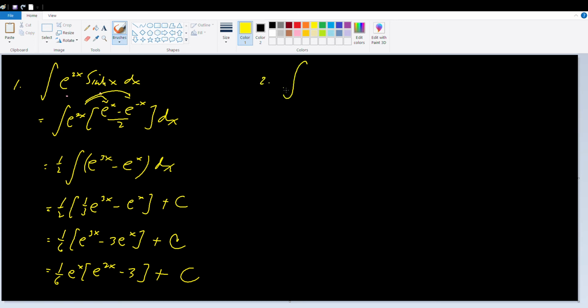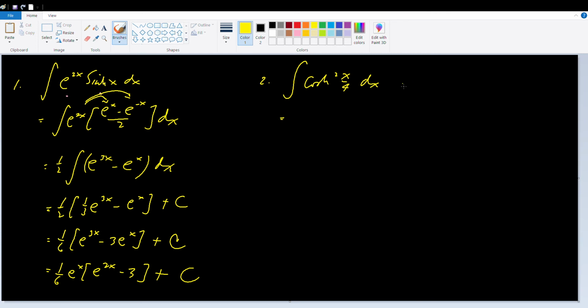Next, we integrate hyperbolic cosine of x, hyperbolic cosine squared of x over 4 dx. This actually falls under case 2 for powers of hyperbolic sine and hyperbolic cosine. So the rule or the identity that we will use here is similar to the identity for trigonometric functions for case 2.